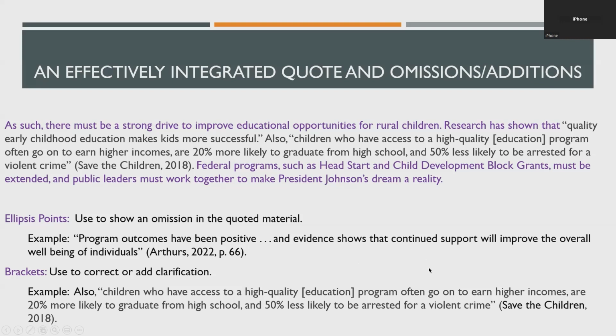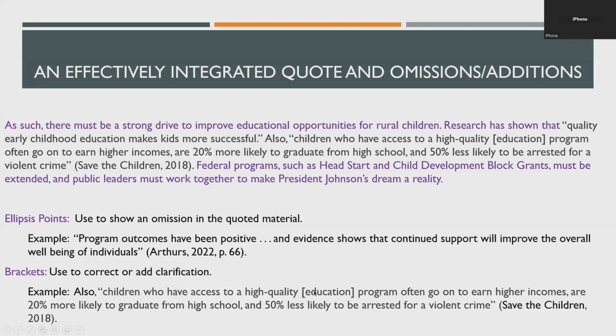But sometimes quotes are difficult to understand, or the wording of the quote is maybe not as precise or as clear as it could be. So we can tweak the words of a quote to help it make a little bit more sense. So here, children who have access to high quality education programs, this tells me that there was a word here originally, but that word maybe didn't make sense. Or maybe it just said access to high quality programs.